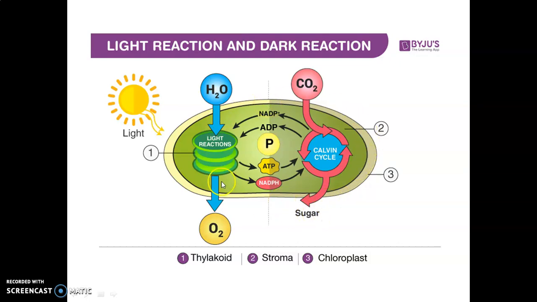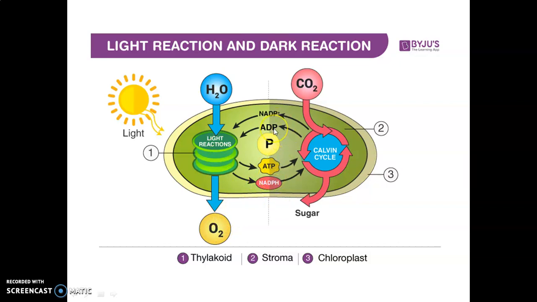This is the complete set of steps of photosynthesis, but we can divide it into the light reaction and dark reaction. So which steps are included in the light reaction? First, light absorption. Second, splitting of water. Third, release of oxygen. Fourth, formation of intermediates.